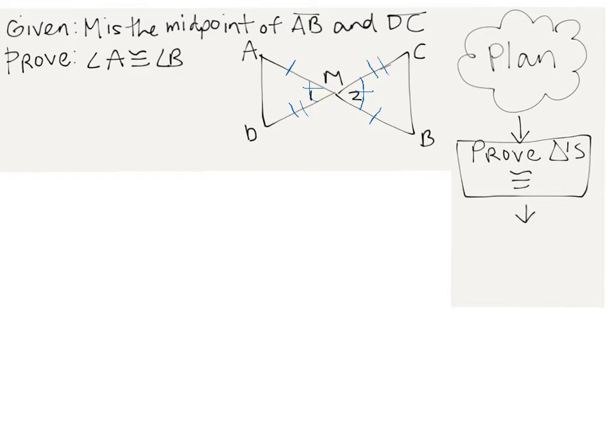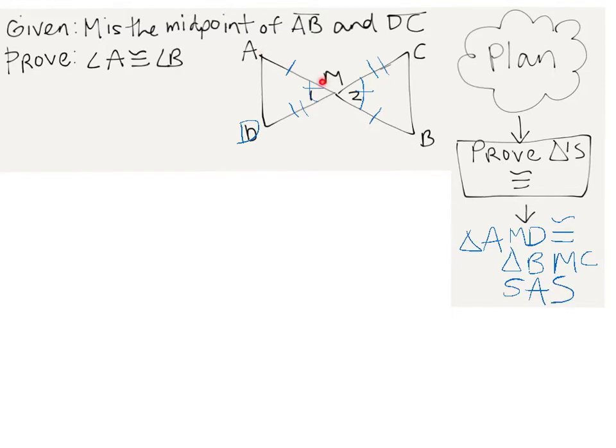This should be bringing us to a plan. If we want to prove these triangles congruent, then why not use side, angle, side. So that's triangle AMD. Sorry, that's a D, guys. We're going to show that's congruent to triangle BMC by side, angle, side.